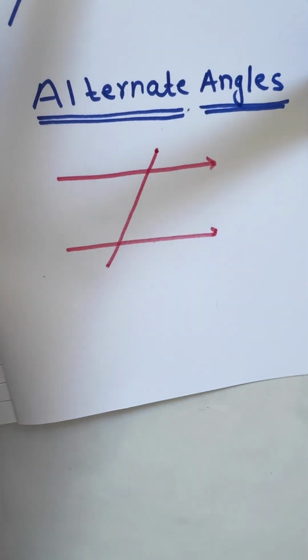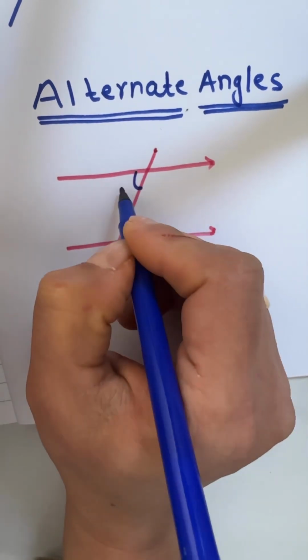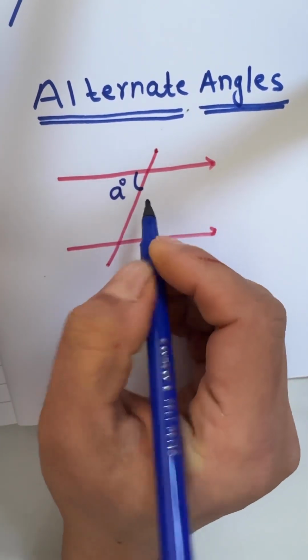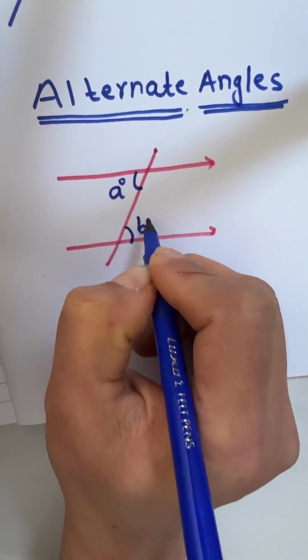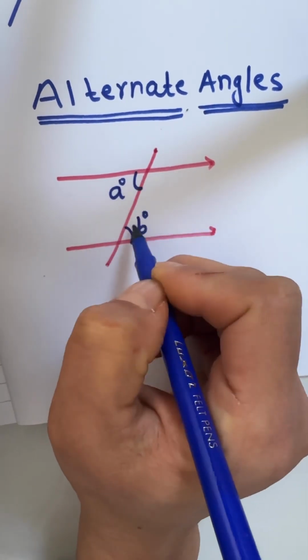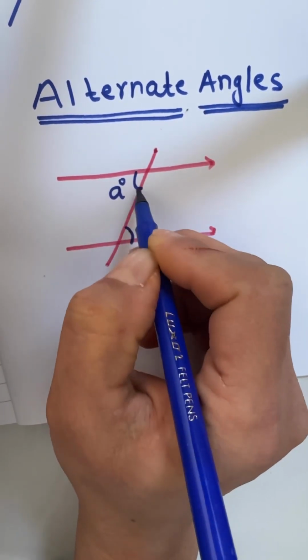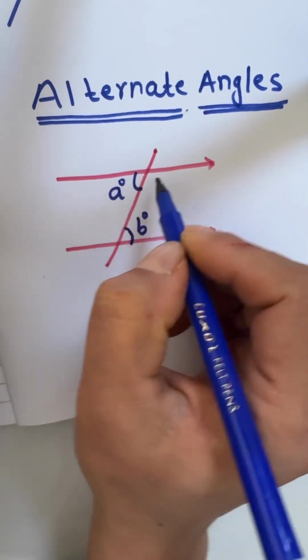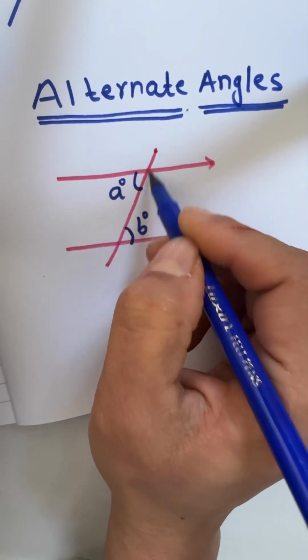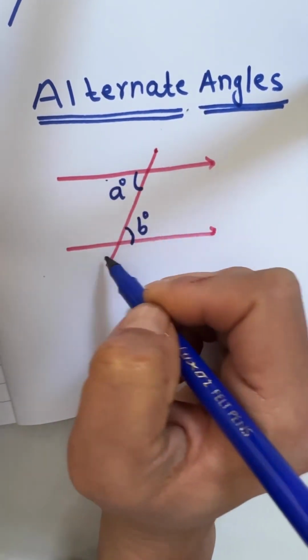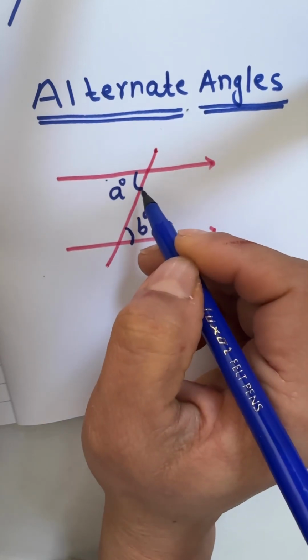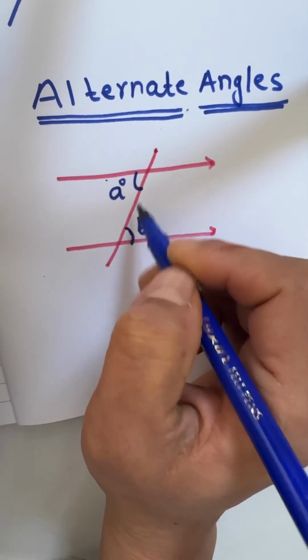So there are two angles, angle A and here is the angle B. So these two angles are called as alternate angles, meaning the line intersecting two parallel lines forms two angles.